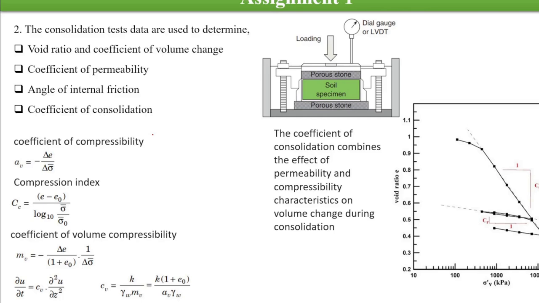Before that, we calculate other quantities also, such as the coefficient of compressibility, compression index, recompression index, and coefficient of volume compressibility, as we discussed earlier. But the final motive is to determine the coefficient of consolidation, which can give you an idea about the consolidation that is happening in the soil sample. And with this, I think you can answer question number two also.